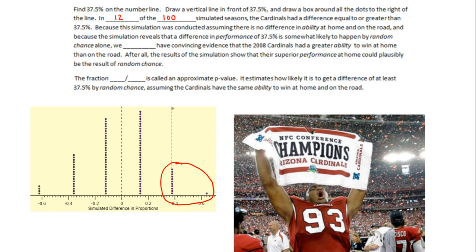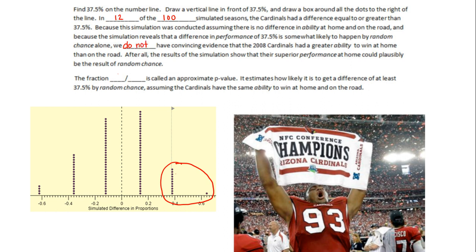Because this simulation was conducted assuming there is no difference in ability at home and on the road, and because the simulation reveals that a difference in performance of 37.5% is somewhat likely to happen by random chance alone, we do not have convincing evidence that the Cardinals had a greater ability to win at home than on the road.